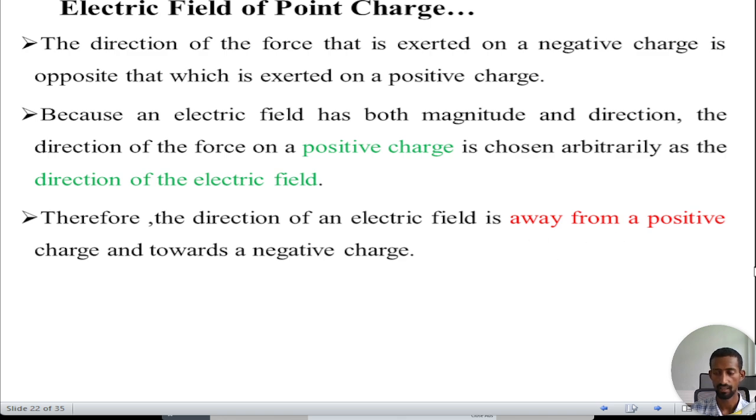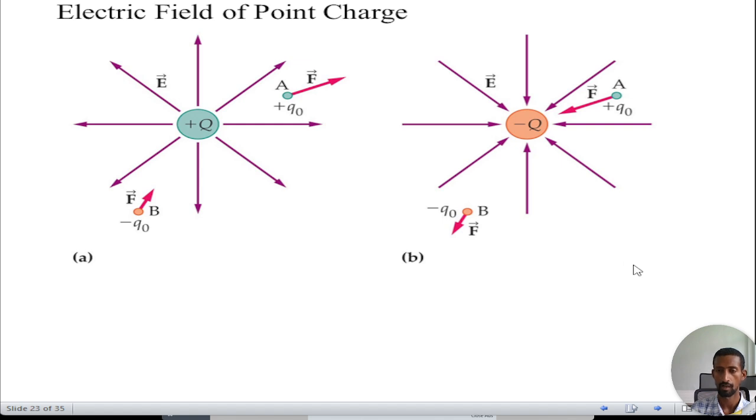Therefore, the direction of an electric field is away from a positive charge and towards a negative charge, because similar charges repel and opposite charges attract. As you can see from this figure, here is the test charge and this is a positive charge. If we place a positive test charge, it will push outward because they are similar charges.